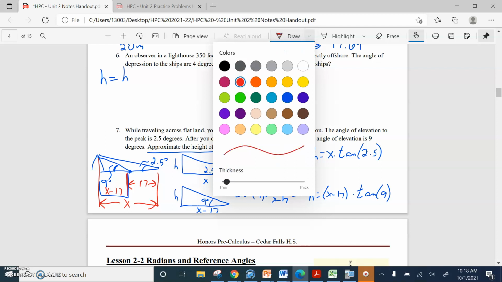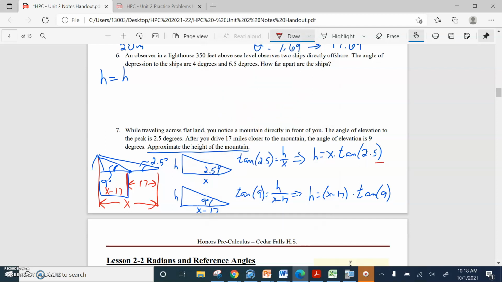If we know that h is equal to itself, then we know that this equation is equal to this equation. So x tangent 2.5 has to be equal to x minus 17 times tan of 9.